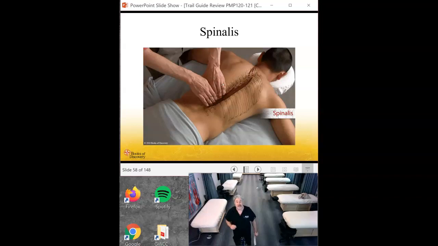Bending. I am bending. I am laterally flexing. Okay. Everybody, all three spinal erectors, spinalis, longissimus, iliocostalis, all three bilaterally extend the back, all three unilaterally do lateral flexions in the back. Good job. Thank you.